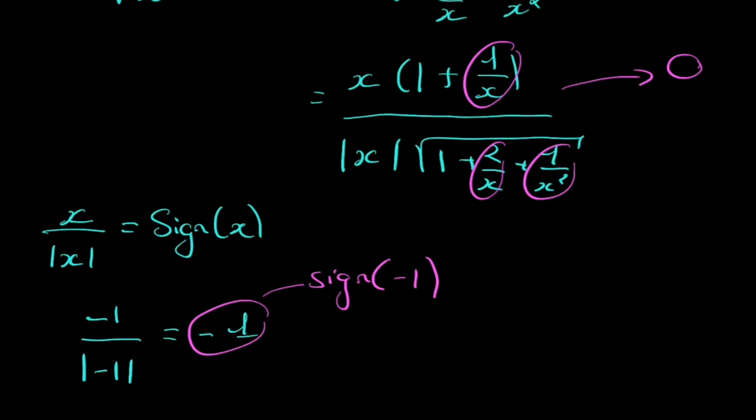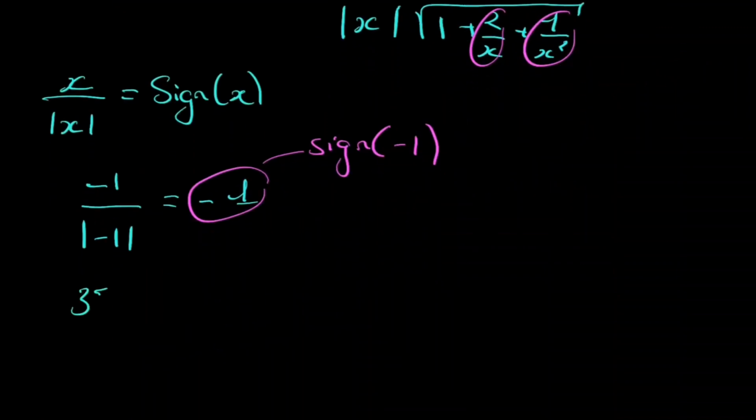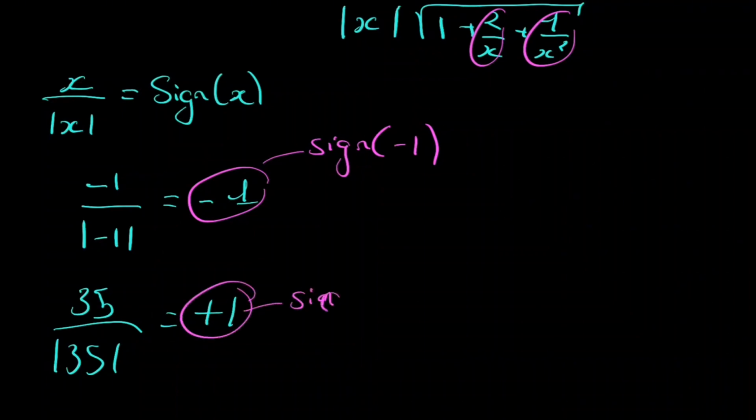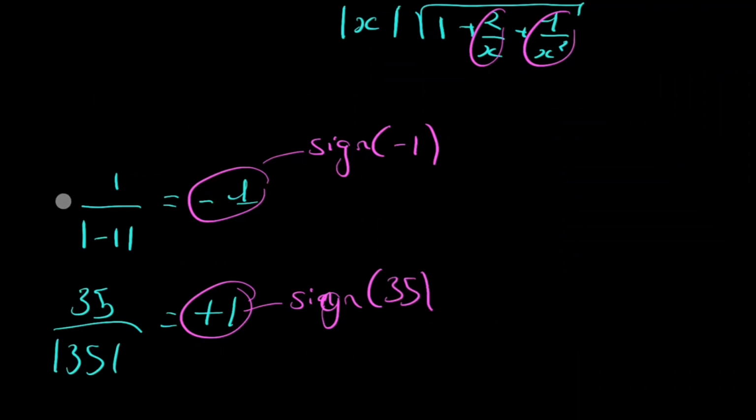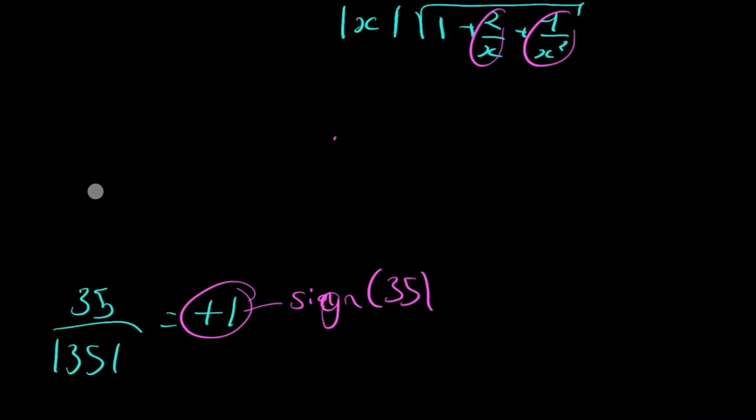If I had 35 over absolute value of 35, I would have plus 1, because the plus is the sign of 35. Now that we know it, let's erase this.